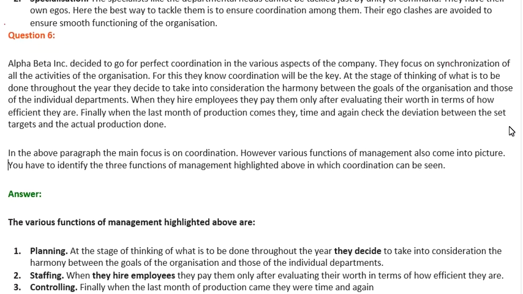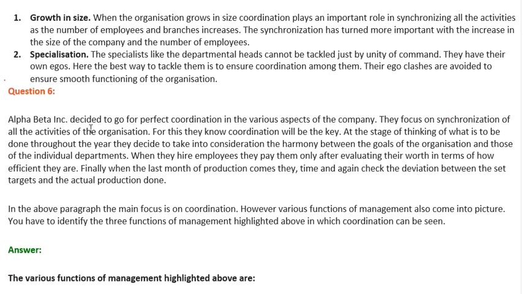Let me not show you the answer. Okay, see question number 6. Alpha Beta Inc. decided to go for perfect coordination in various aspects of the company. The focus is on synchronization of all the activities of the organization. For this, they know that coordination will be the key here.